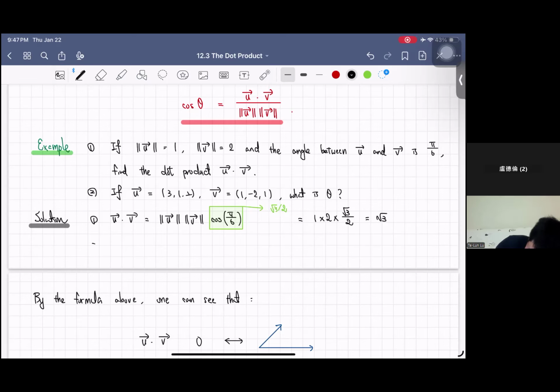Now, secondly, we're asked that U and V are given by that, and what is theta?